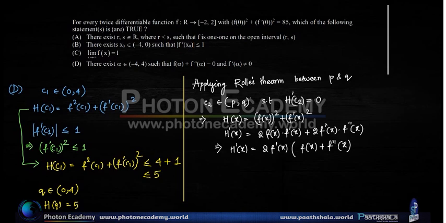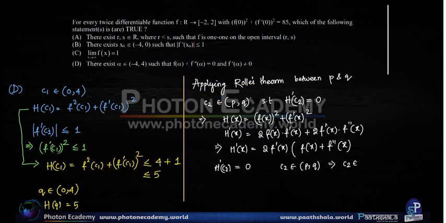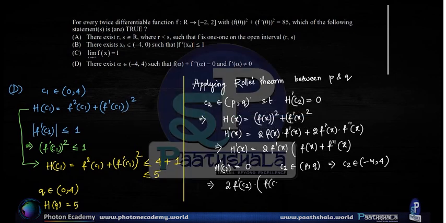Now we have h dash of C2 is equal to 0. C2 belongs to p and q, and p and q belong to -4 to 4. So we can say C2 belongs to -4 to 4. And we have 2 f dash C2 into f of C2 plus f double dash C2 is equal to 0.